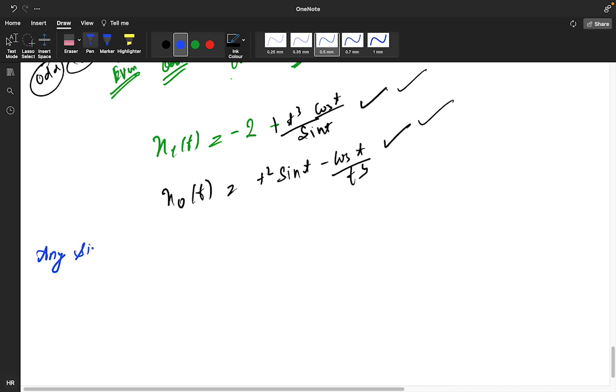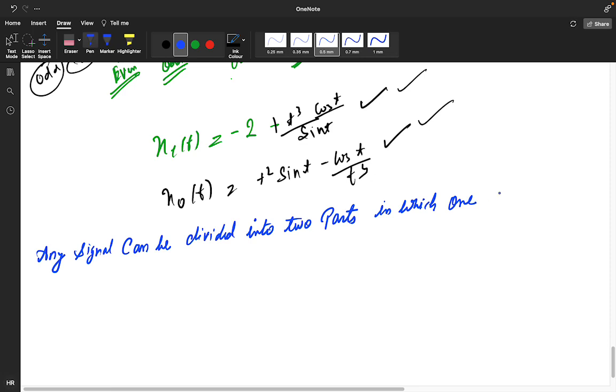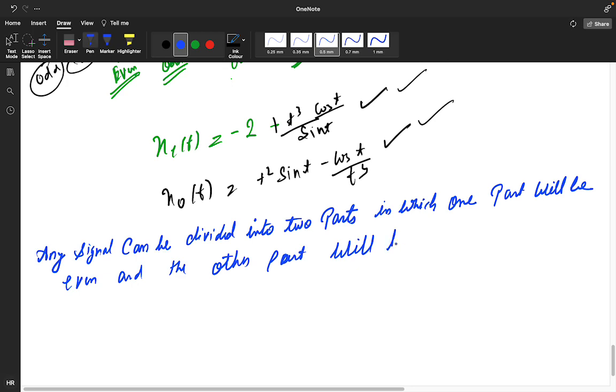Any signal can be divided into two parts, in which one part will be even and the other part will be odd.